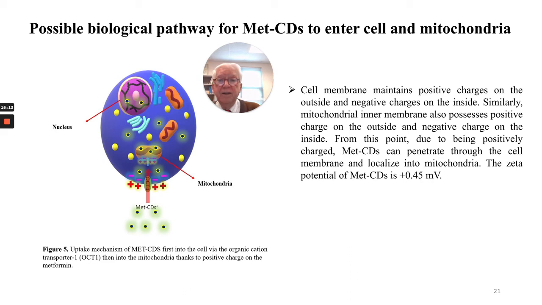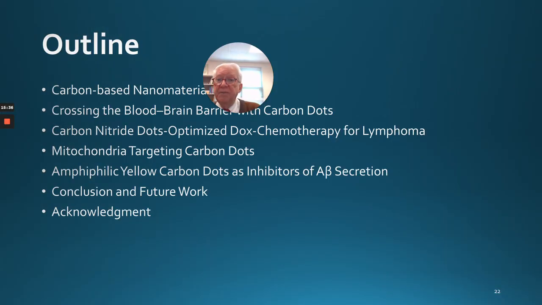So here is this positive-negative interaction that favors bringing the metformin carbon dot into the mitochondria. That's the hypothesis that we have to explain this very high concentration of the met carbon dot in the mitochondria.